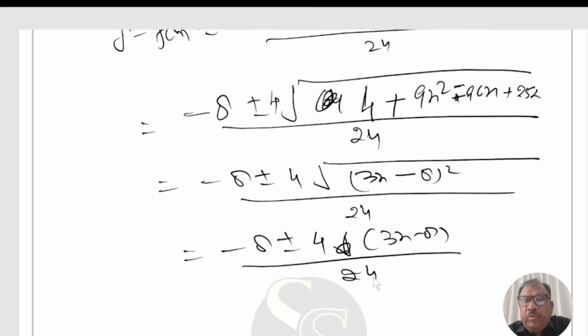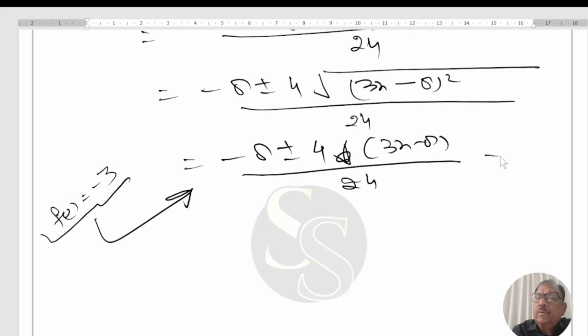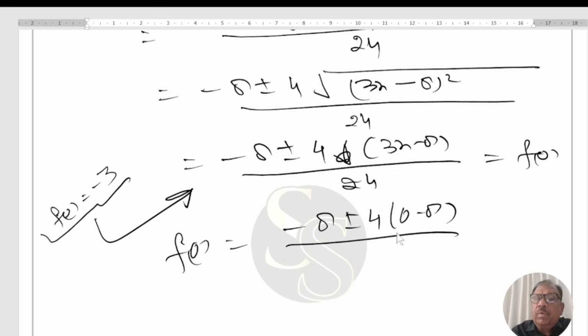In the starting I asked where we will use f(0) equal to minus 3. Here it will be utilized. Now this is f(x). Take out f(0): minus 8 plus minus 4 into 0 minus 8 divided by 24.